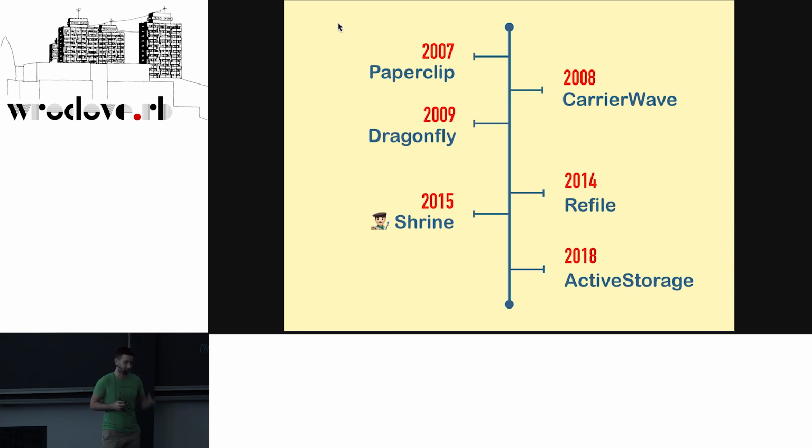I didn't see the reason why we needed to sacrifice certain things. So because I wasn't really able to find a good way to extend it, I effectively forked off of Refile and created Shrine. About almost 3 years after Shrine was released, Rails 5.2 was released, which featured Active Storage.